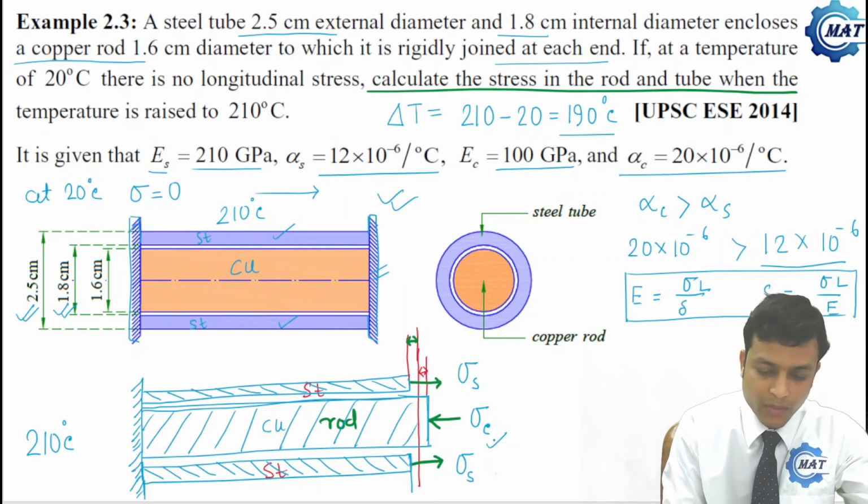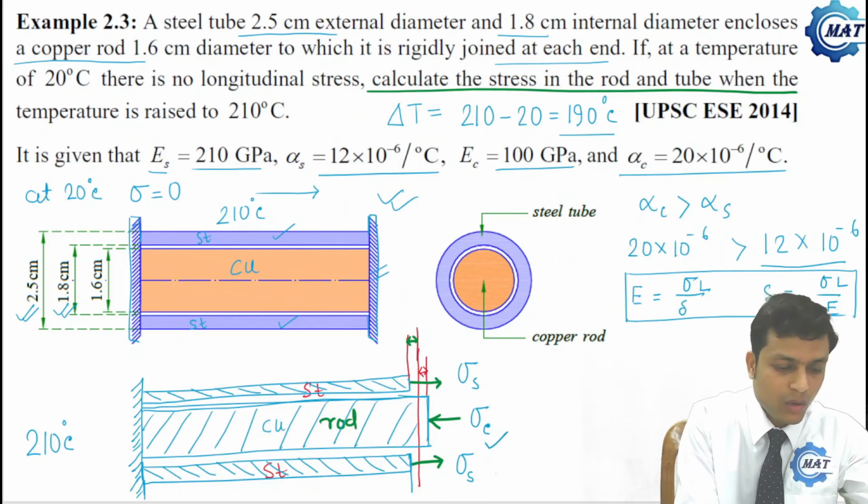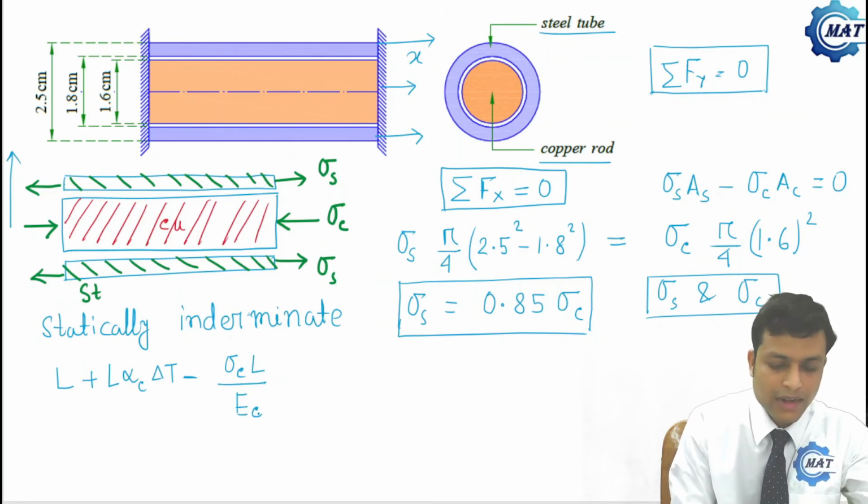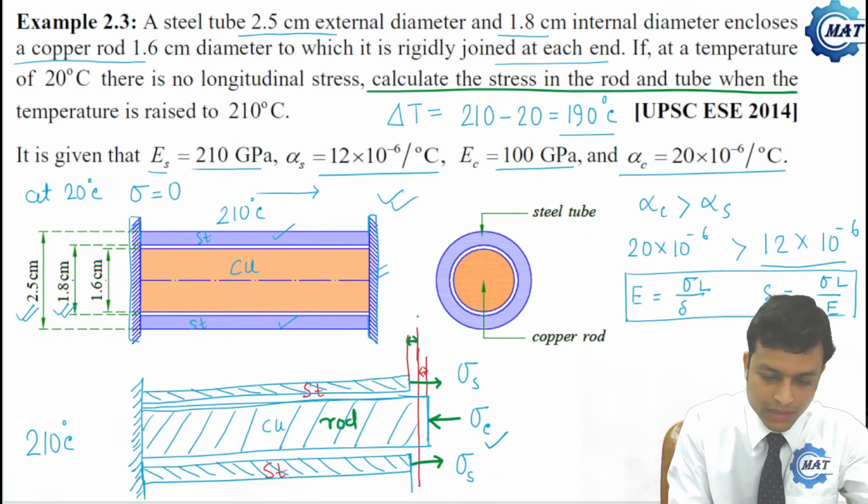So due to sigma C, the compression of the copper rod will be minus sigma C L by EC. So this is the final length of the copper rod at elevated temperature.